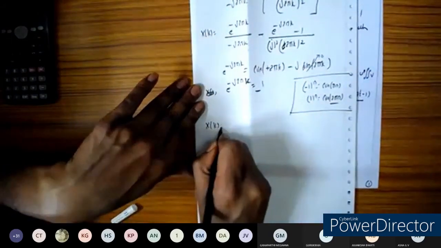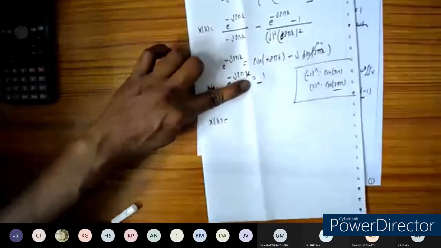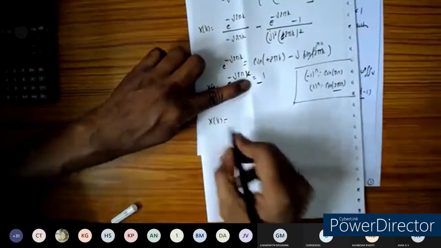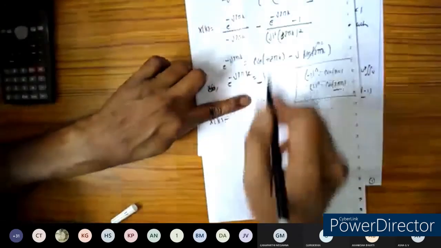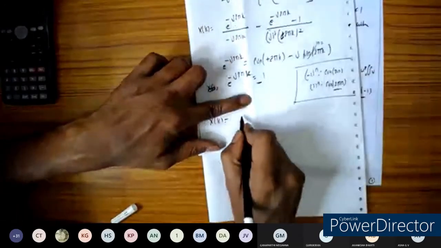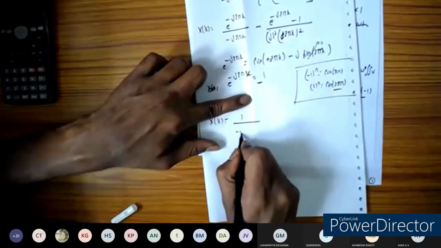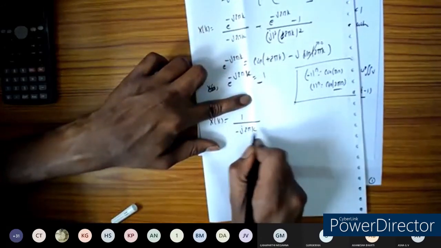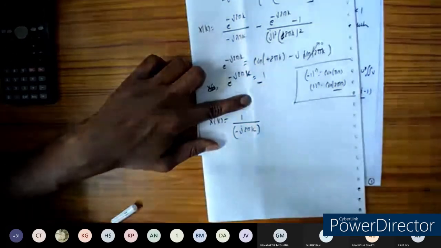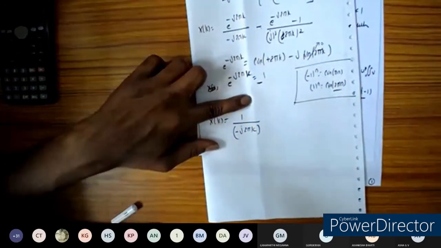So x of k will become equal to, e to the power of minus j2 pi k is nothing but 1, divided by minus j2 pi k.